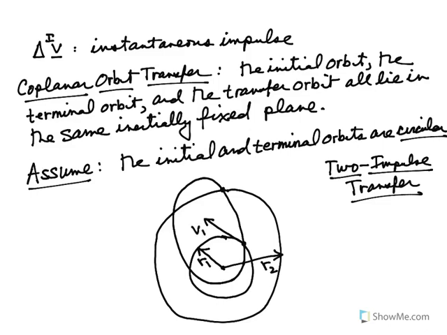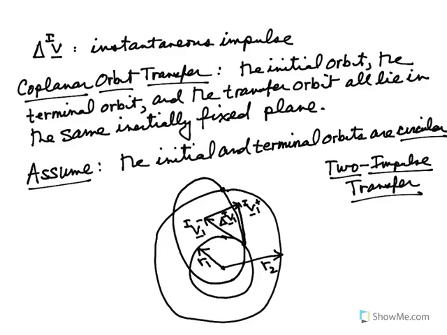This is equal to v1 minus I. After the application of that impulse, it's going to be in this direction, which I'm going to label as v1 plus I, which makes delta v1 this vector that connects v1 minus to v1 plus. So this is delta v1 I.